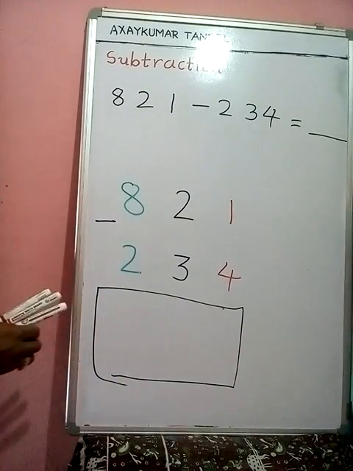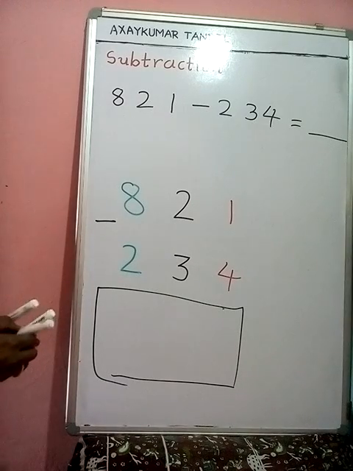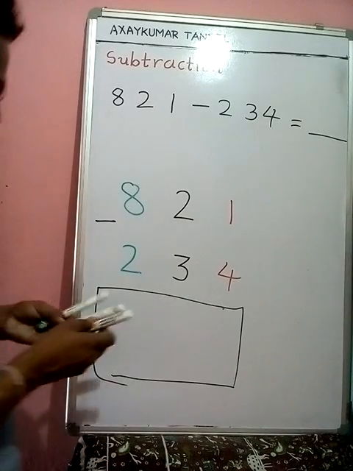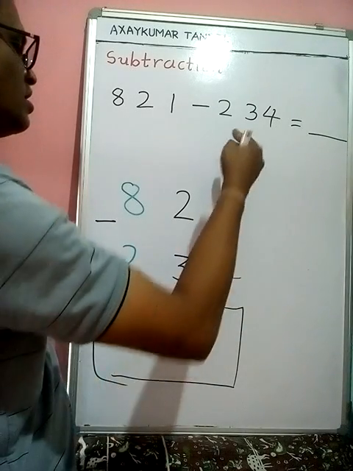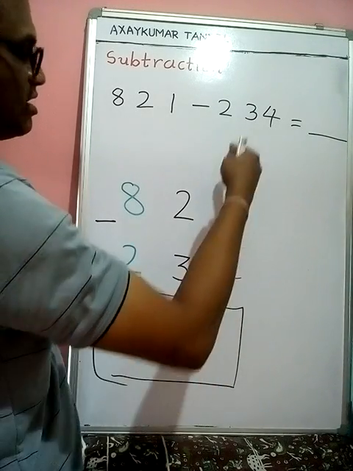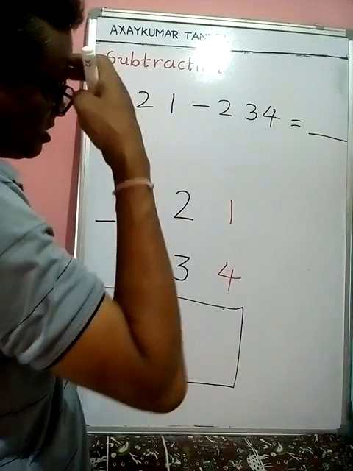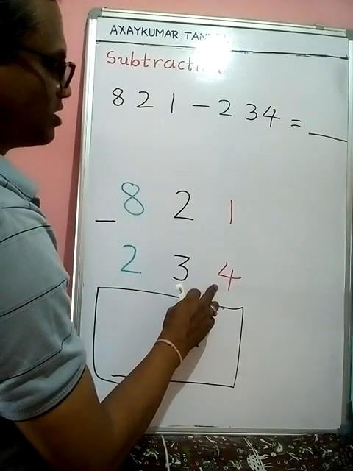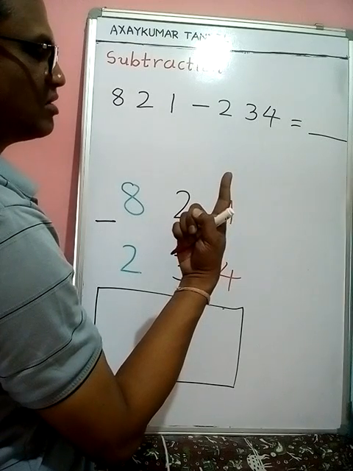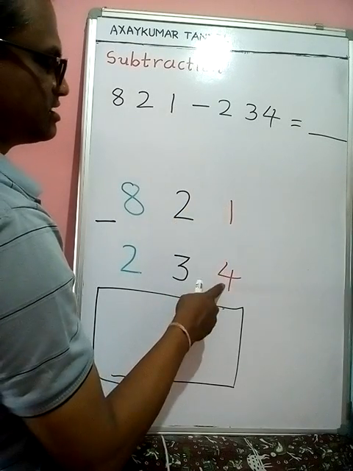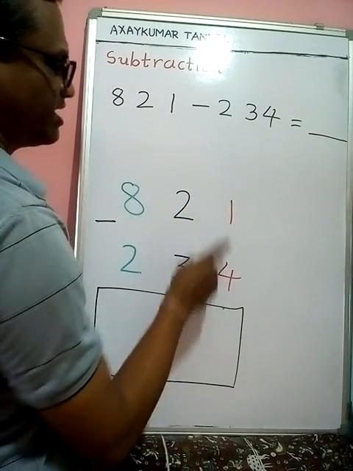Now, how do we solve it? First, 1 minus 4. We subtract ones column. 1 minus 4. We have 1. We cannot take 4, because we have only 1. Here 4 is greater than 1.